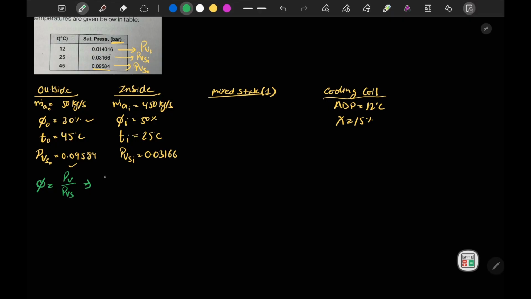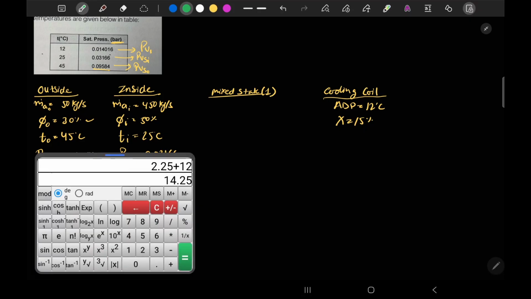We can find PV node and PVI. So we can calculate both the values. Let's calculate this.